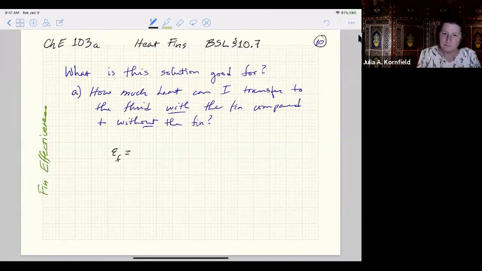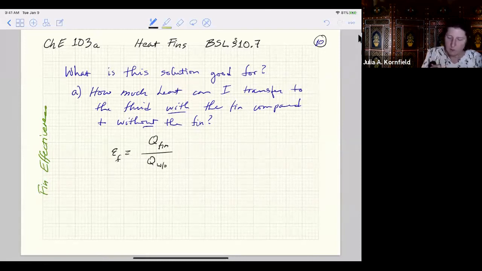So Q with the fin over Q without the fin. Without the fin, we only have that small area that's the footprint of the fin, the cross-sectional area.